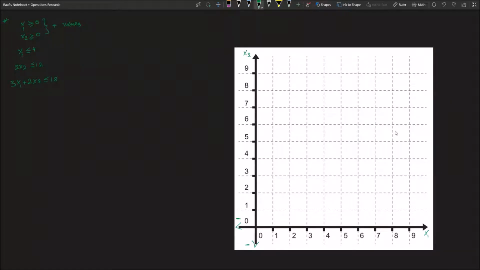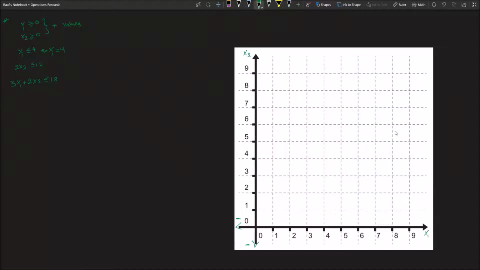Okay, then we have x1 less or equal to 4. That means the value of x1 can't exceed 4. For the purpose of visualization and being able to represent x1 on the graph, we can say x1 equals 4.